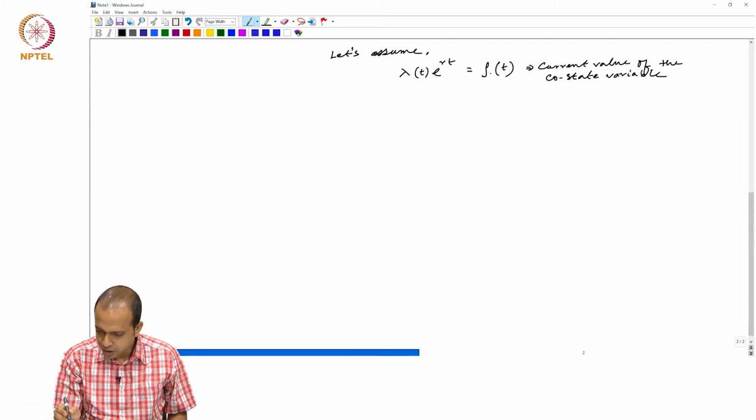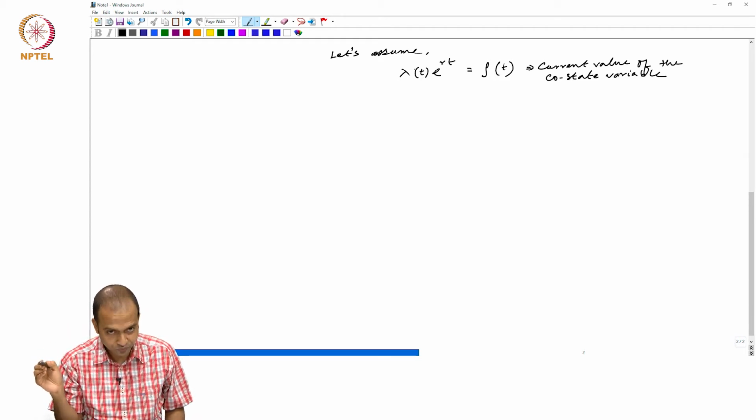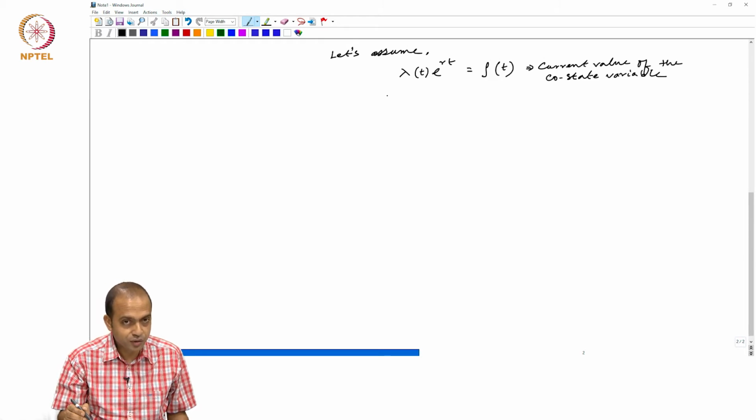Now, if you look at this rho t is how we are getting lambda t multiplied by e to the power r t. Now, lambda t, if you go back and see, this Lagrangian multiplier lambda t is basically we have defined the co-state variable, because it was attached with the state variable x t. So, the interpretation of lambda t is basically the co-state variable, or we have also defined lambda t is the marginal benefit, marginal preservation benefit.